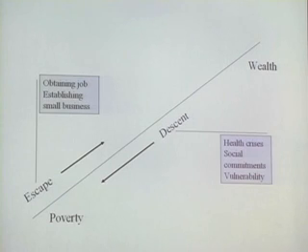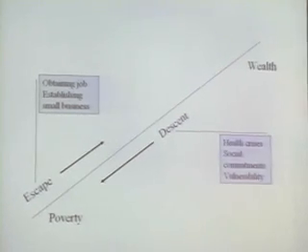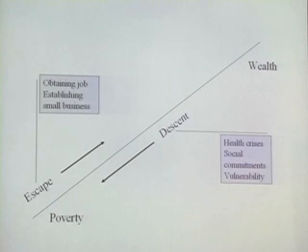Again, the reasons for escape out of poverty are also fairly consistent. Usually it's obtaining a job or establishing a small business. So the reduction of poverty at the rural level, and probably in cities also, depends upon the diversification of the economy.